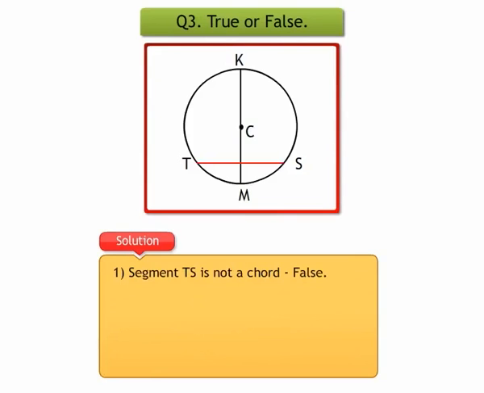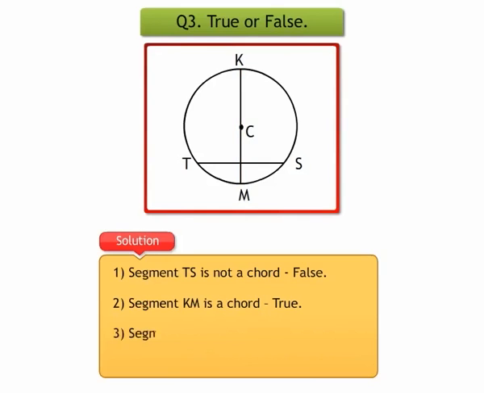False, because it is touching 2 points on the circumference, and according to a chord's definition, segment TS is a chord. 2. Segment KM is a chord. True, because as we have learnt, segment KM is a diameter and diameter of any circle is the longest chord. So, segment KM is also a chord.